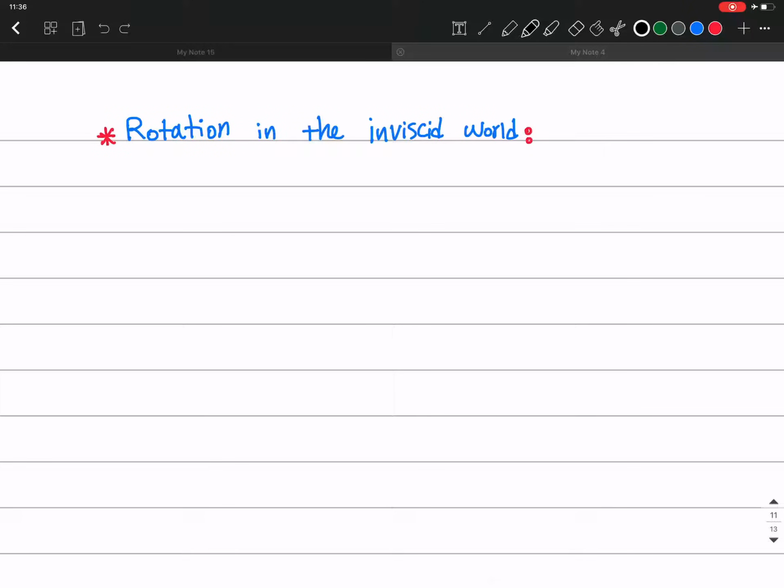First, we want to study rotation in the inviscid world. In the inviscid world, we have Euler's equation as the momentum equation: dv over dt equals minus grad p over rho minus g grad h, which is the gravitational force.